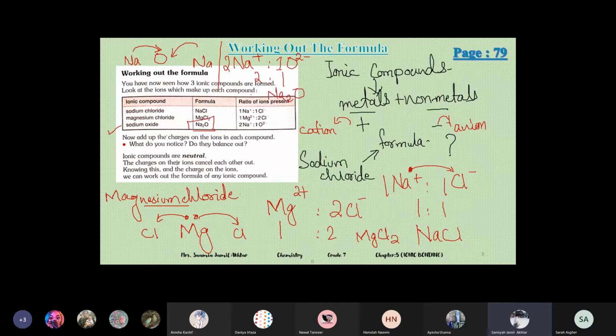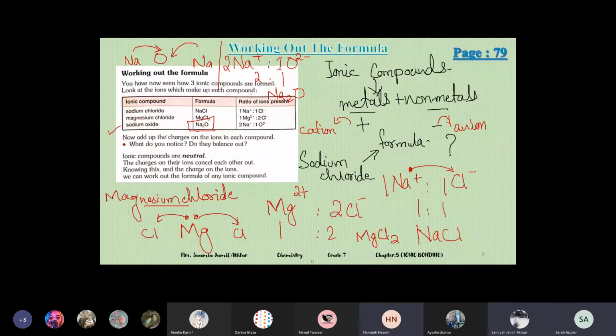Always remember that metal will come first. When we make the formula of an ionic compound, metal always comes first, then non-metal. In every formula, you can see first is sodium and then chlorine, magnesium and then chlorine. In lithium fluoride also, lithium and then fluoride. So metals will always come first in ionic compounds.